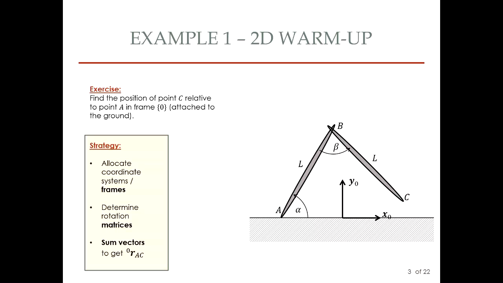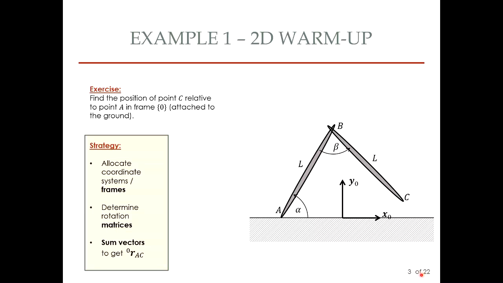In this question, we are asked to find it in a particular coordinate system, 0, this black one. But in general, if I don't ask you to represent a vector in a specific coordinate system, you're free to choose whatever coordinate system you want and represent any vector in that coordinate system, all right?